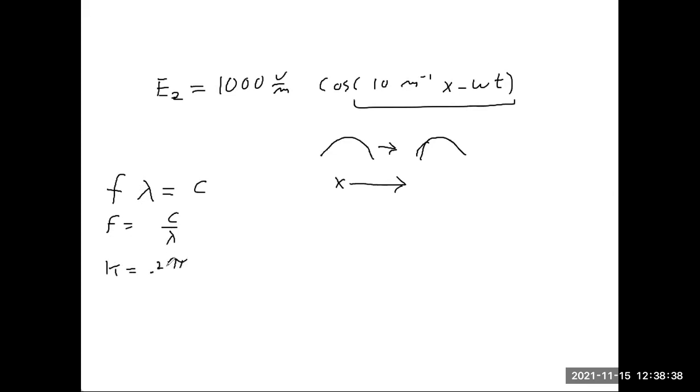Our wave number is 2 pi divided by our wavelength, so the wavelength is 20 pi meters.